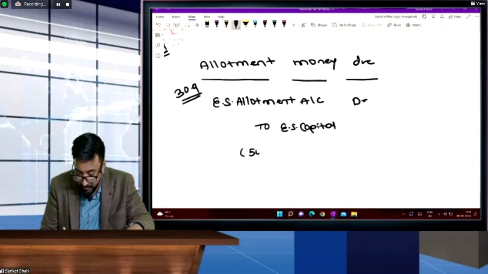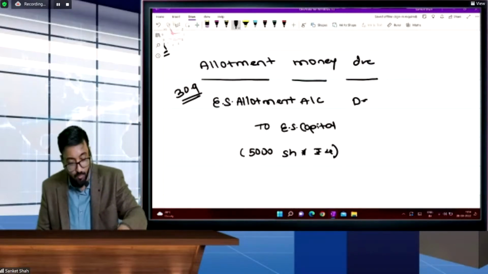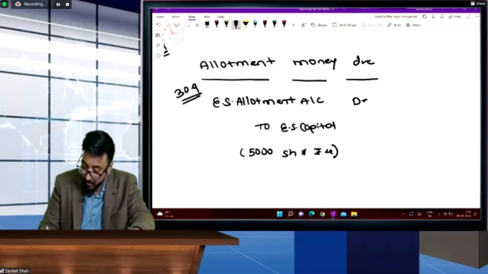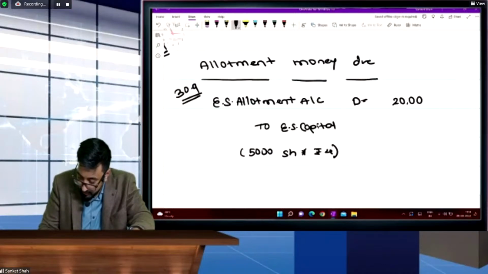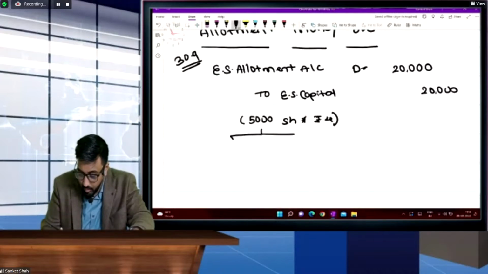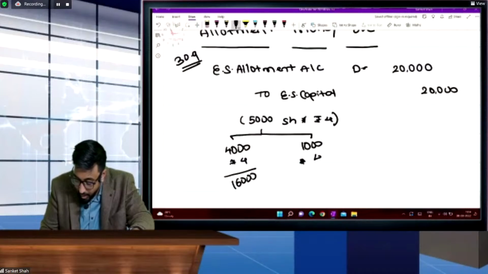Equity share allotment account debit to equity share capital. Assume 5,000 shares are there, rupees 4 per share. Correct? This is 20,000. But now out of 5,000 shares, only 4,000 shares paid the amount 16,000, and 1,000 shares have not paid the amount 4,000.